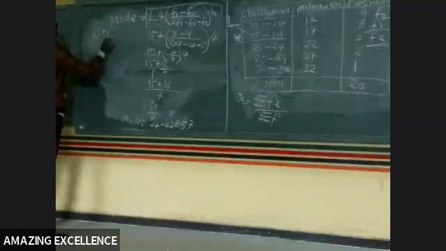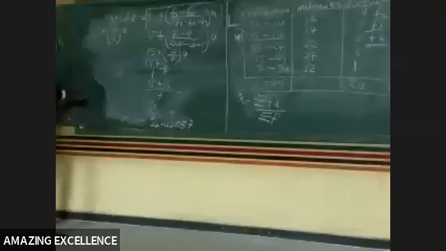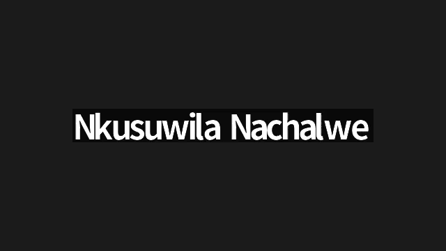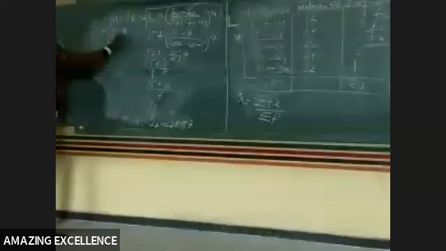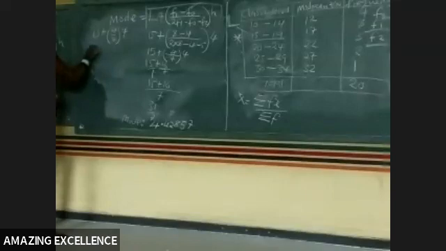Are you able to see what I'm writing? The 4 is multiplying with the numerator only. We have 15 plus 16 over 7, right?